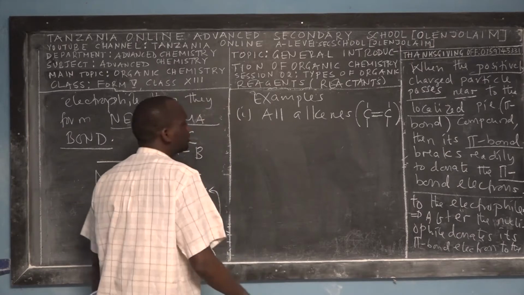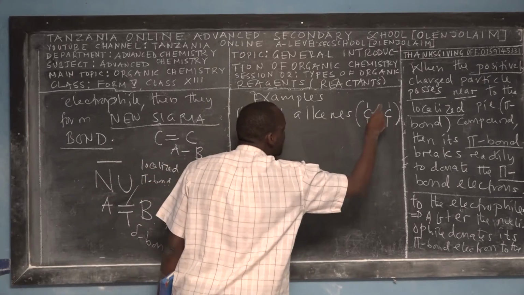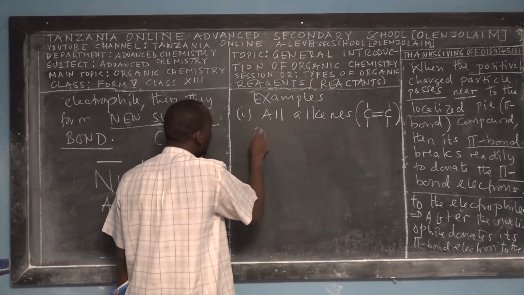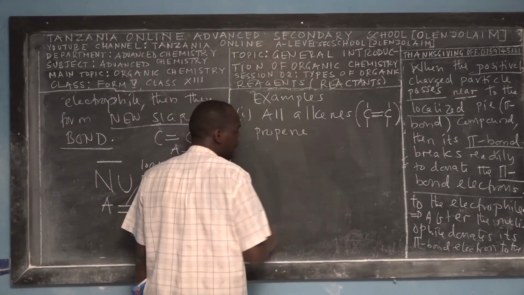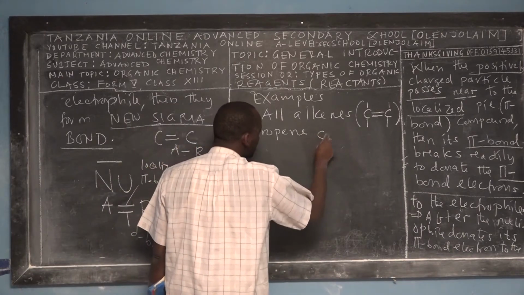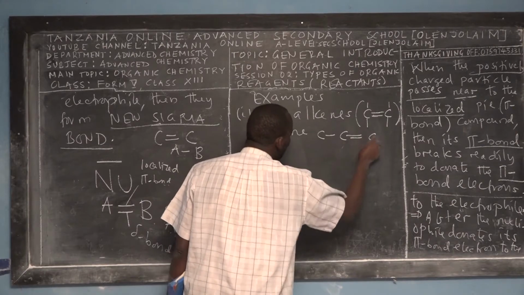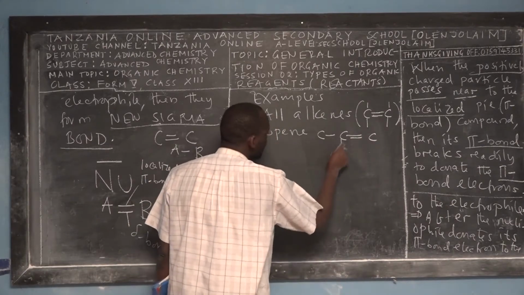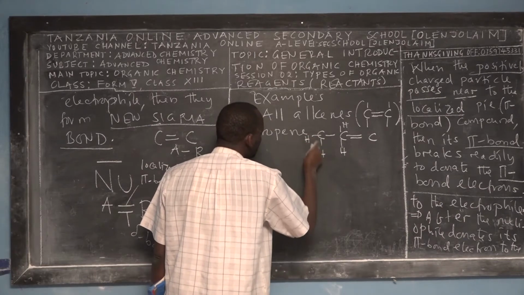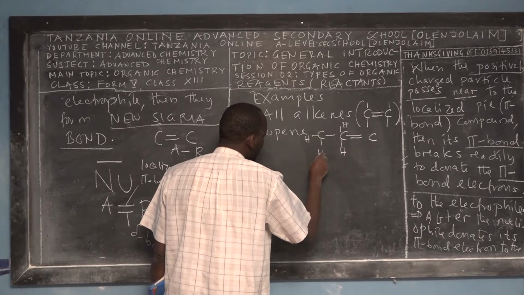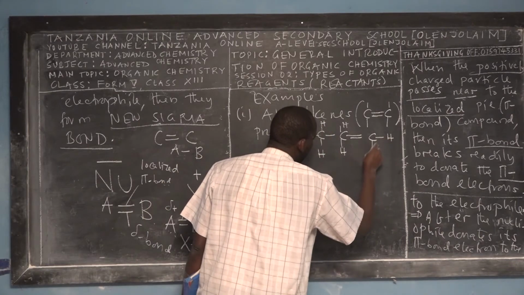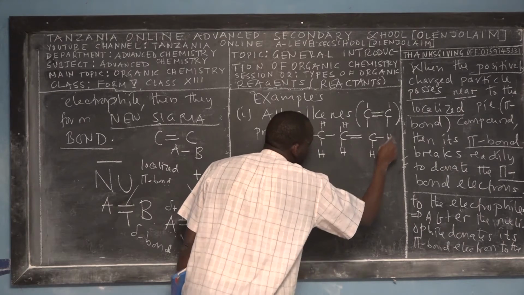So our focus is this double bond between carbons. For instance, we have propene, one of the examples of alkenes. In propene, if you write the structure, we have carbon and then a double bond. Here we have one hydrogen, here we have three hydrogens, and then here we have one hydrogen, and there we have one hydrogen.